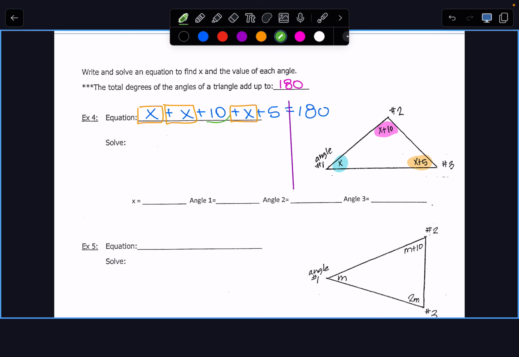We also have 10 plus 5, right? So x plus x would give us 3x, and then 10 plus 5 would give us 15. So we really have 3x plus 15 equals 180. And now we have something that's really kind of nice to solve.